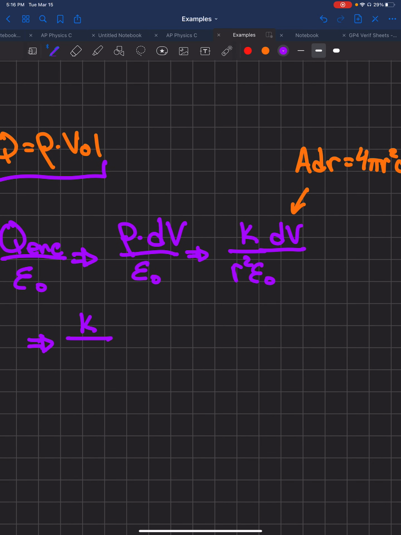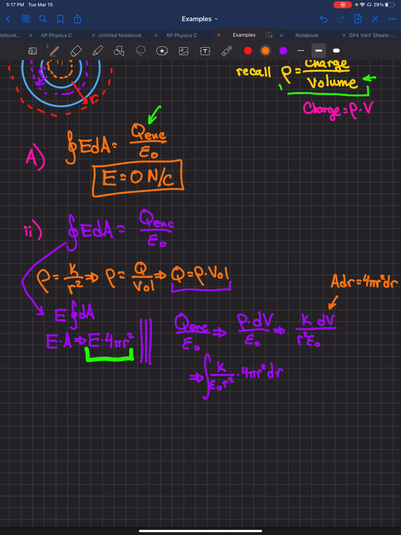So that lets me rewrite this as k over epsilon naught r squared, and instead of dV, I'm going to put 4 pi r squared dr. Now we can take the integral, because I want to figure this out just in terms of r. So now we have to think about what our limits of integration are.